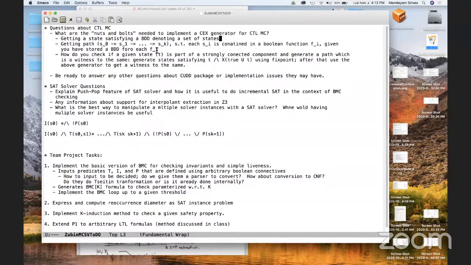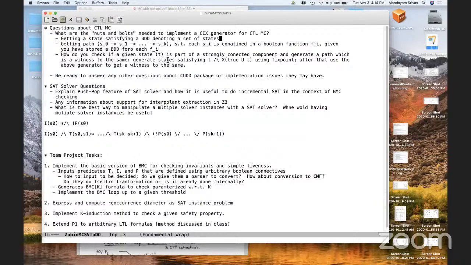Suppose you're doing an AG P. You know how to compute the fixed point for AG P, correct? Then you check if your initial predicate is included in that.